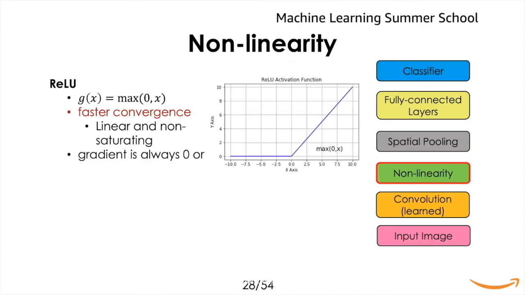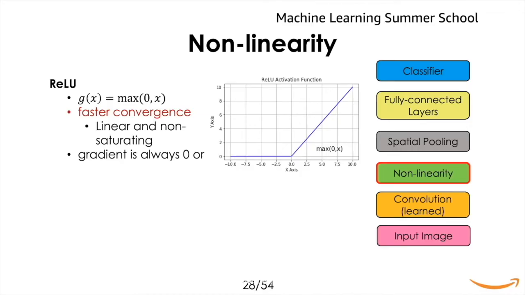Another popular nonlinearity is a ReLU nonlinearity, which is simply the max of 0 and the input. So in the negative axis, it is just 0, and the positive axis is a linear curve. It's a straight line. This non-linearity leads to faster convergence.